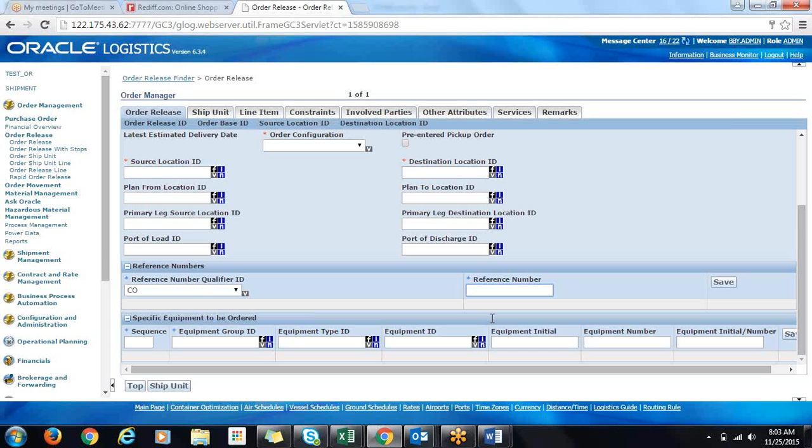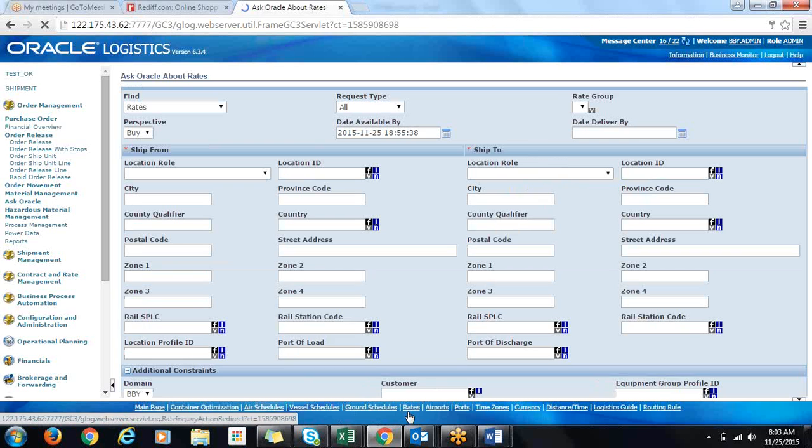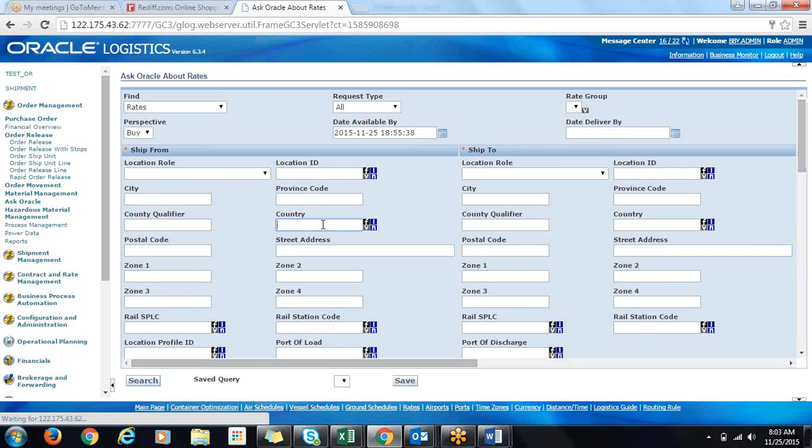This customer has a preferred service provider because he has better rates for different locations. He says if I'm shipping to Chicago, go with FedEx.